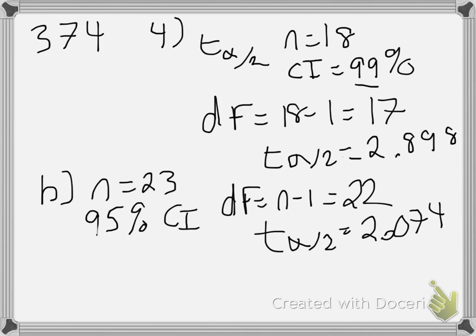What do you think? Pretty straightforward? I think so. So let's go ahead and do C, D, and E, just to be on the safe side. C, you have 15 and 98%.